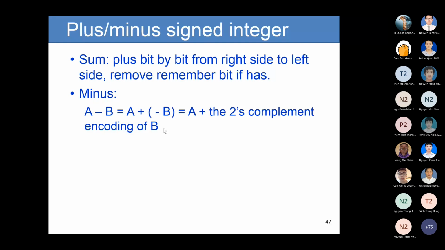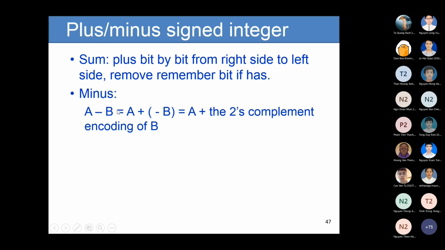Okay, that is the sum. About the minus, for example a minus b, you can replace it by a plus the negative of b. So for the minus, we can convert the b operand into minus b, and then we do the same as a summation.